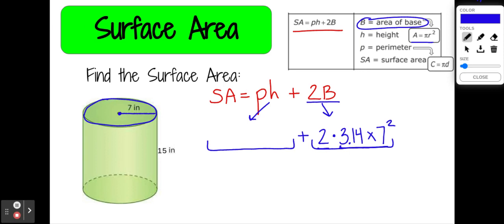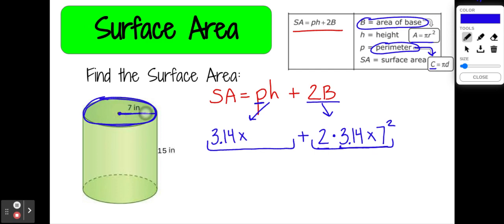Now let's go to the pH. The P represents perimeter. Perimeter is distance around. So we're going to think of the distance around the circle, and we have a fancy word for that: circumference. We want the circumference all the way around this circular base. Remember, circumference here is 3.14 times the diameter.